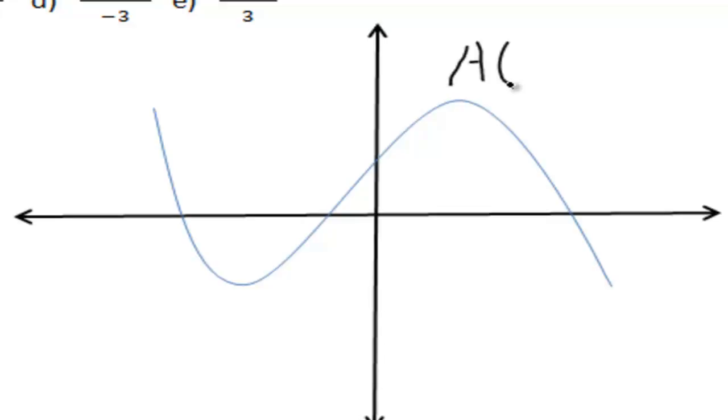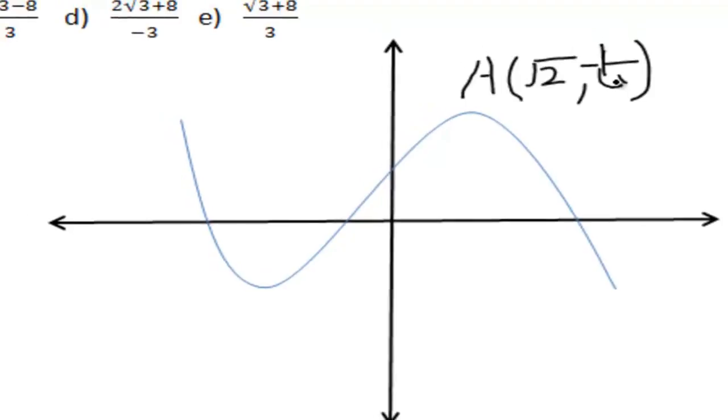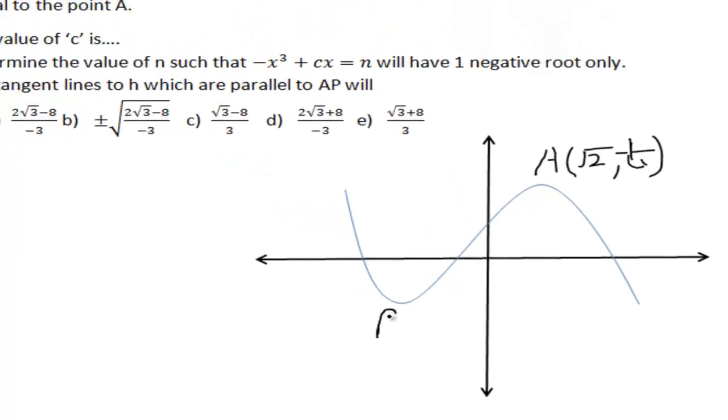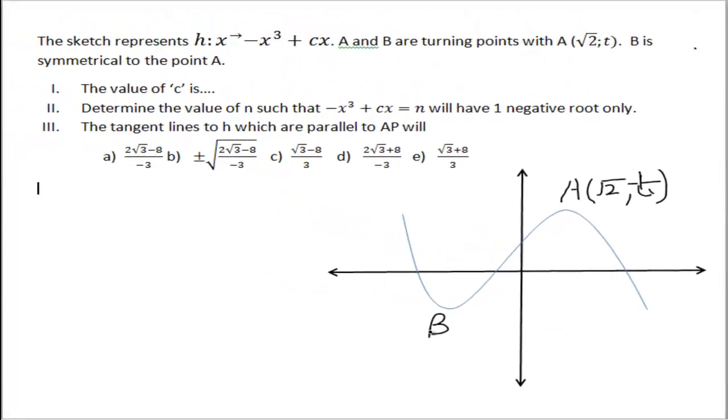We have the root 2 and t. B is at the base here, a turning point, and then we've got P at this point.